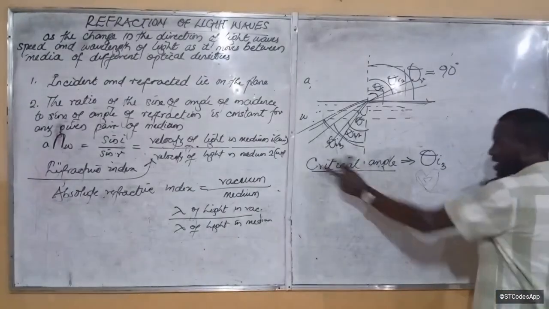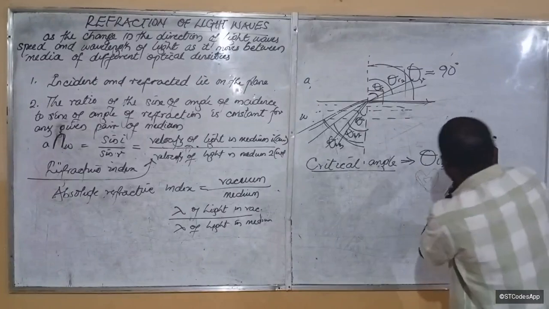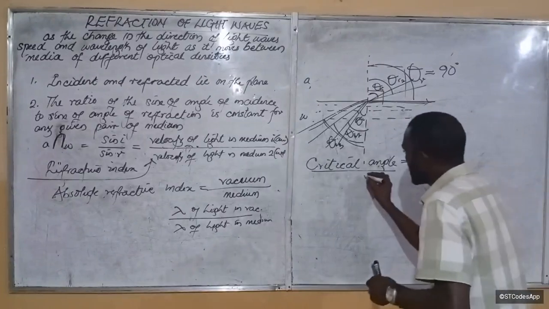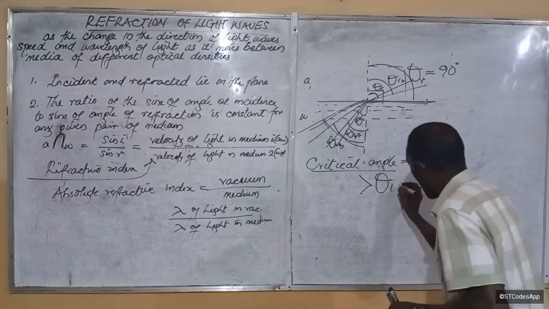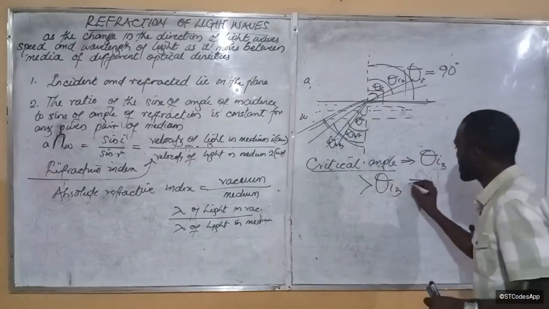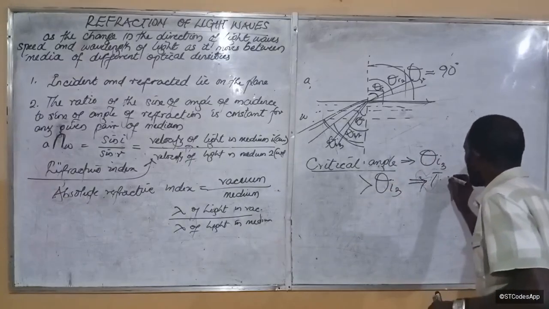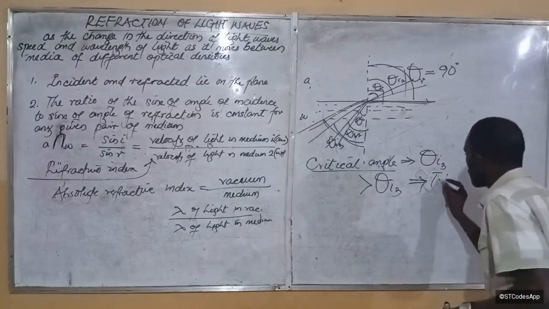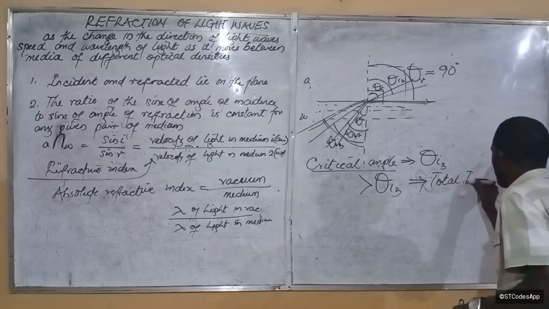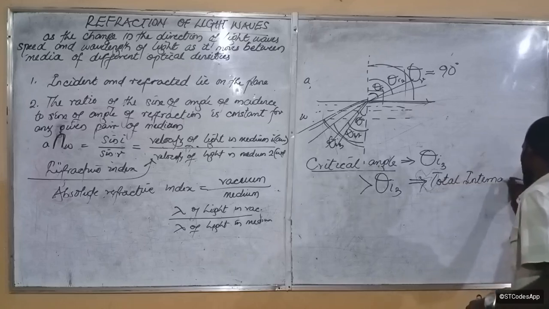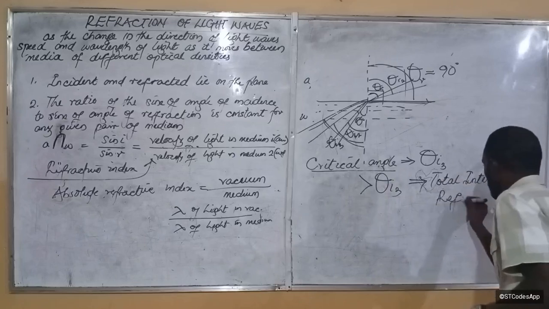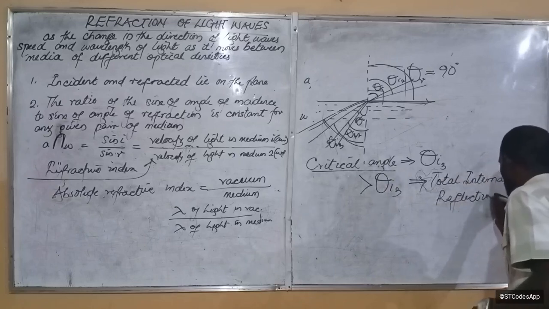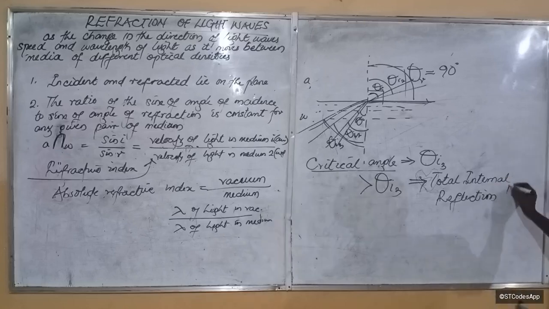The moment I go greater than theta i3, what we get is TIR, total internal reflection. TIR for short.